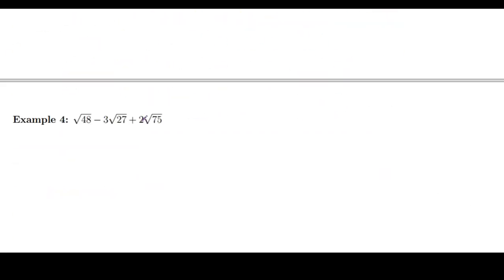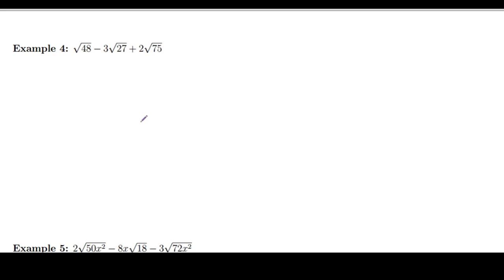Okay, so next example, very similar. Let's see if we can simplify these roots first. 48, we could write as 16 times 3. Then 27 is 9 times 3, and 75 is 25 times 3.